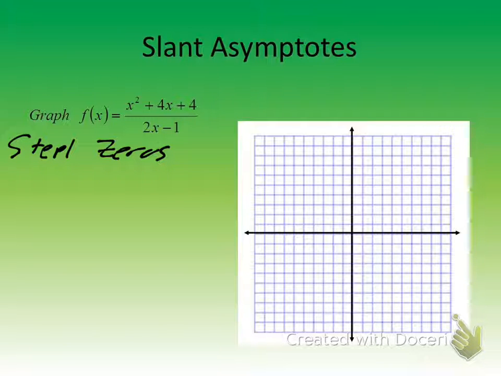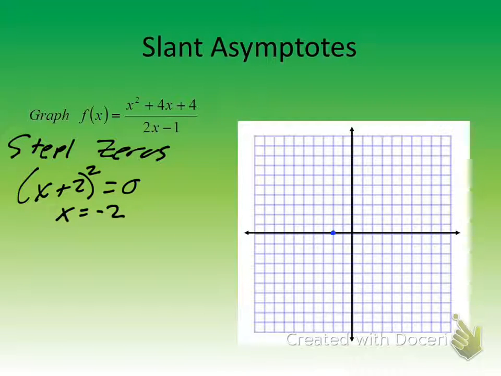That's from your numerator. X squared plus 4x plus 4 factors how? X plus 2 quantity squared equals 0. So you have a zero at x equals negative 2. Step 1.